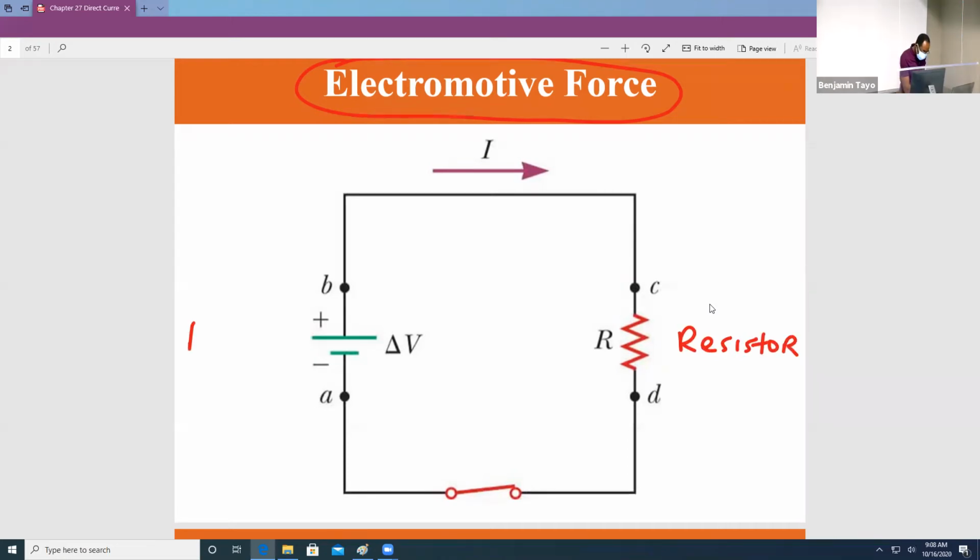This is my battery here. And this is my switch. Now delta V is the voltage. Delta V is called the electromotive force, and I is my current.